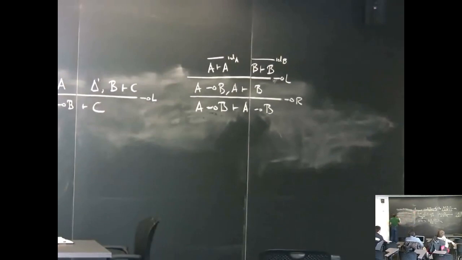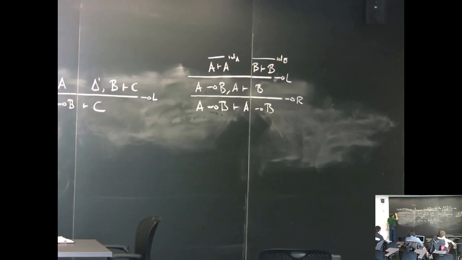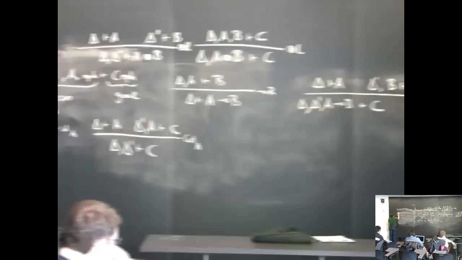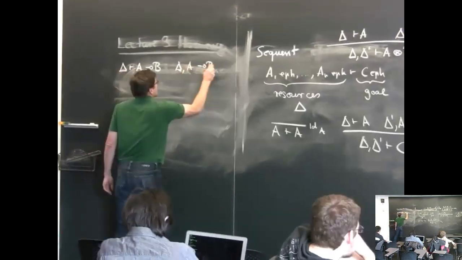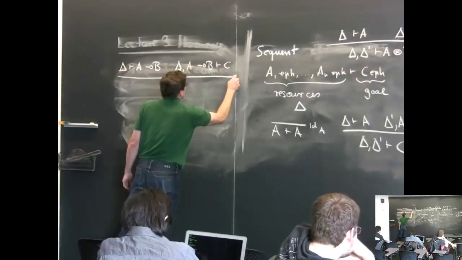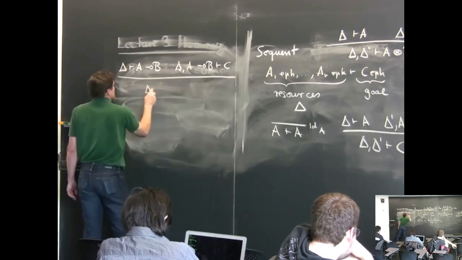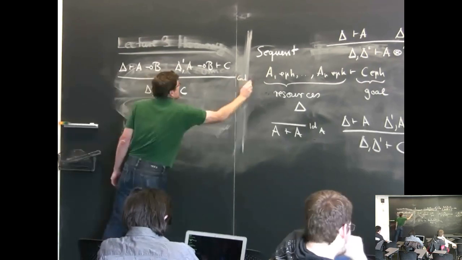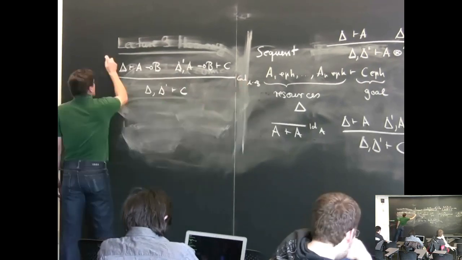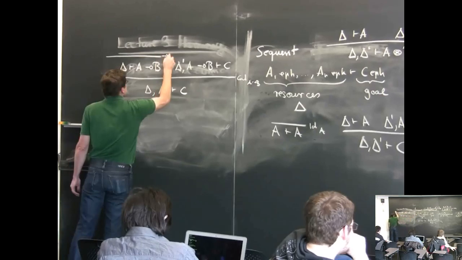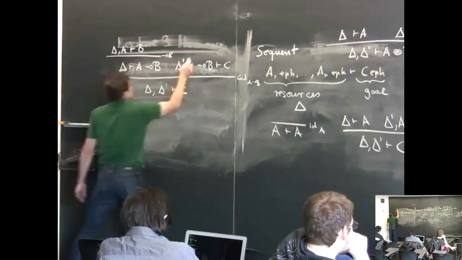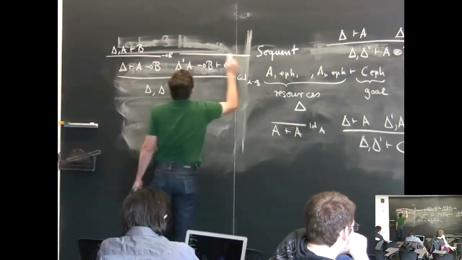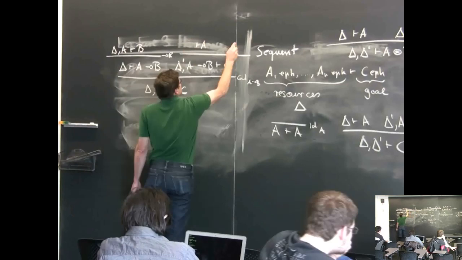So I need to check that if I have this, and I get, okay, this one was inferred by the right rule, and this one was used by the left rule.